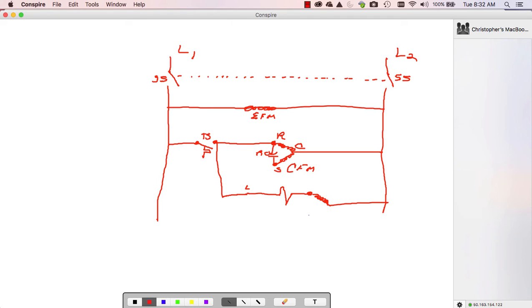My start winding is connected to a normally open contact. Now that's going to be L, M, and S. And that's my run, common, and start.